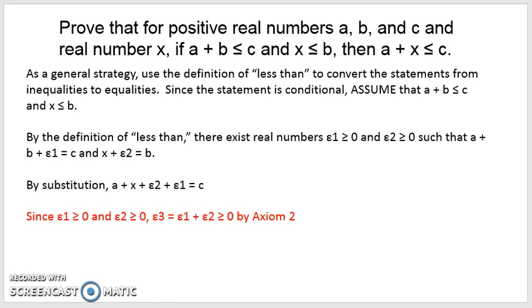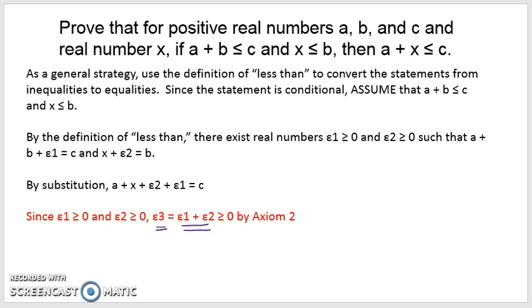They are both non-negative. And this is where the axioms come in: since epsilon 1 is greater than or equal to 0 and epsilon 2 is greater than or equal to 0, then a new epsilon, which I'll call epsilon 3, which equals epsilon 1 plus epsilon 2, is also greater than or equal to 0. In other words, if you take two non-negative numbers and add them, you get another non-negative number.